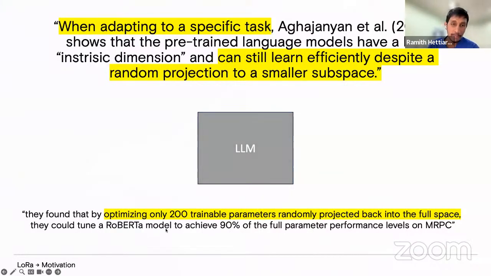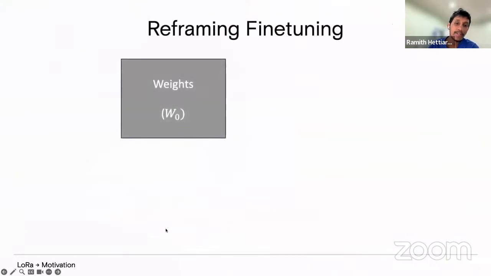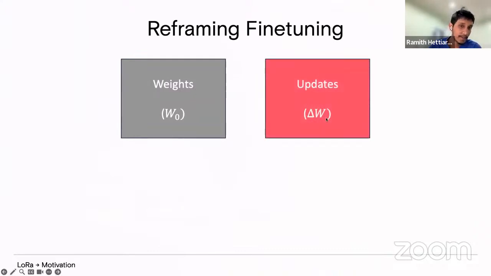Now this LoRA paper reframes fine-tuning like this. We have the weights of, let's say, 175 billion weights. What we essentially do after fine-tuning is gain some delta W weight matrix update that is added to these weights. So after some fine-tuning steps, we are just calculating some offset of these weights.